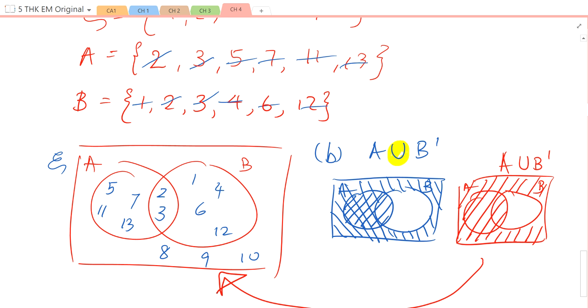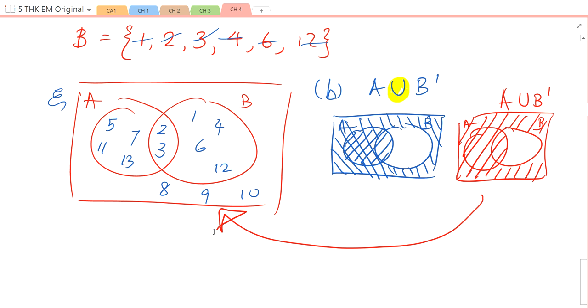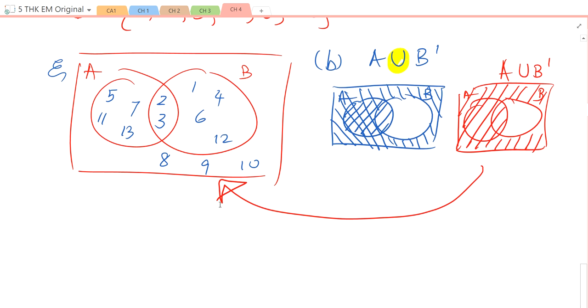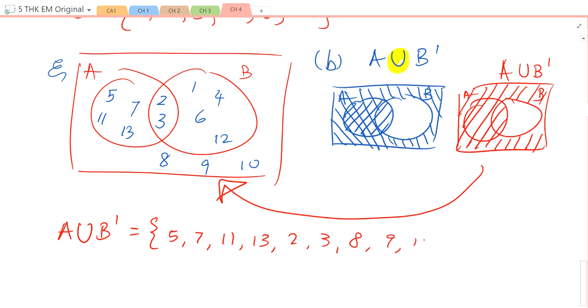Which elements fall inside my shaded region? Everything that is not 1, 6, 4, 12. Okay, so A union B complement equals 5, 7, 11, 13, 2, 3, 8, 9, and 10. Okay, so this is how we do part B.